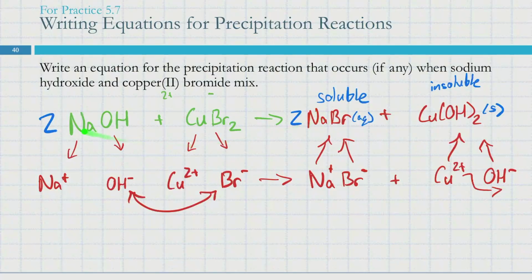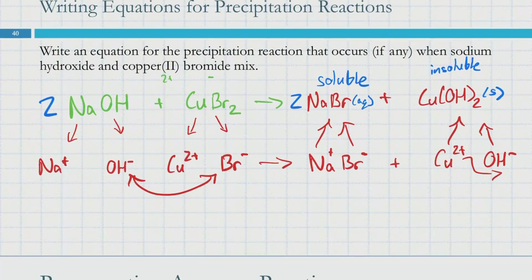Then we have to balance the Na, so we add a 2 in front of our sodium hydroxide, and that changes the OH, and our OH we already have 2 on the right side, so those are equal. And we also have 1 copper on both sides, so those are equal. I don't expect you to be able to do it that fast. I expect you to be able to do it, at least with some practice.